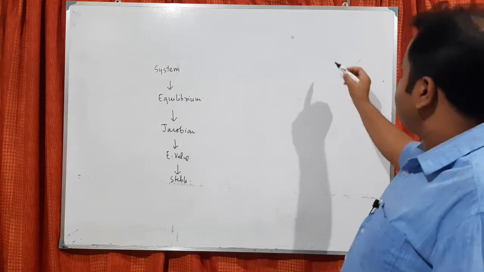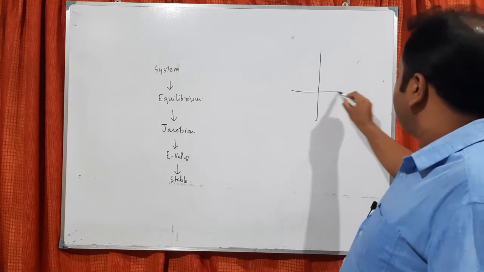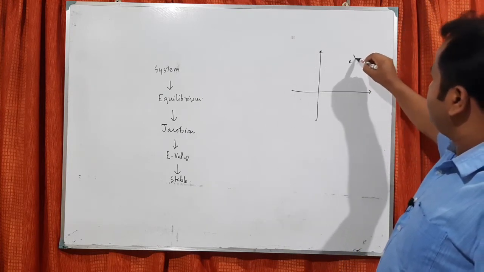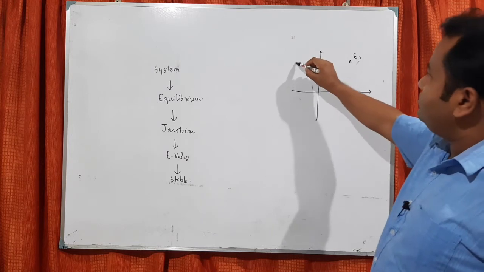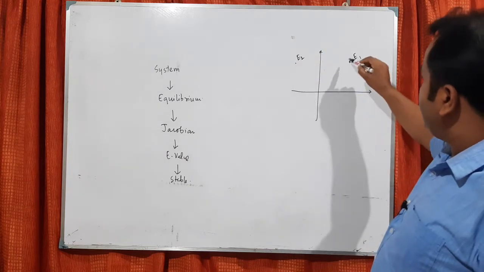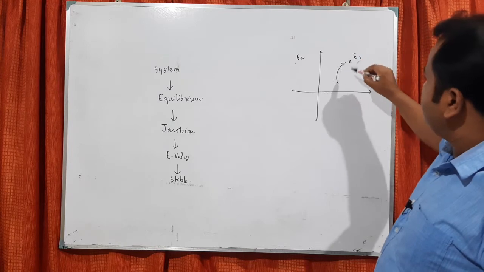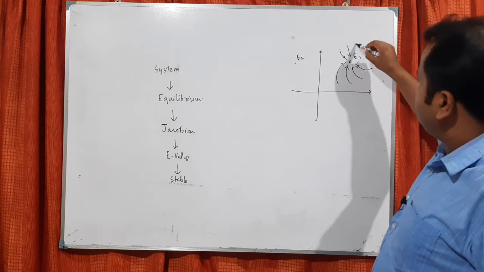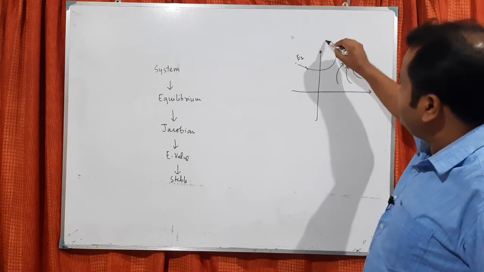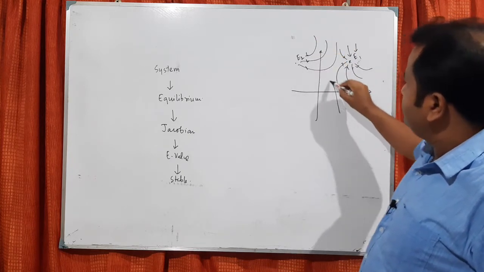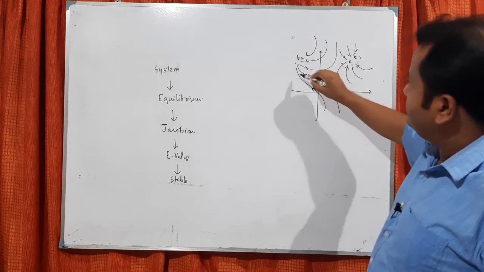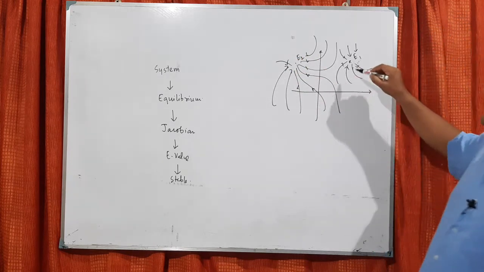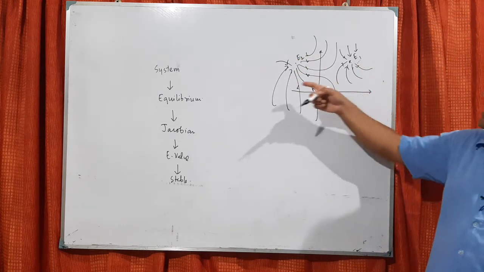Now what is happening? Say there is some system with one equilibrium point and another equilibrium point. Some of the curves are going inside, but all the remaining are going this side. So E1 is one equilibrium point, E2 is another.